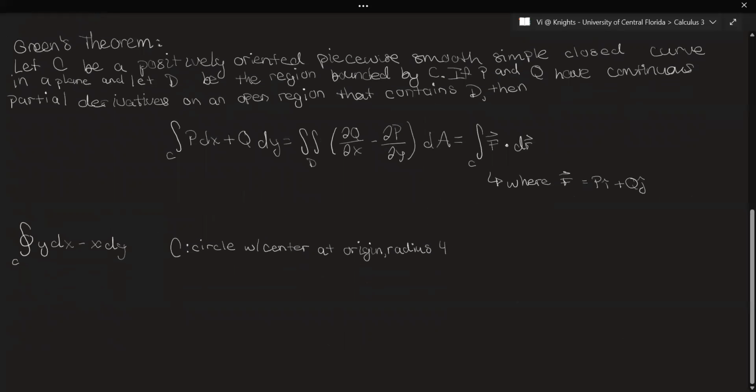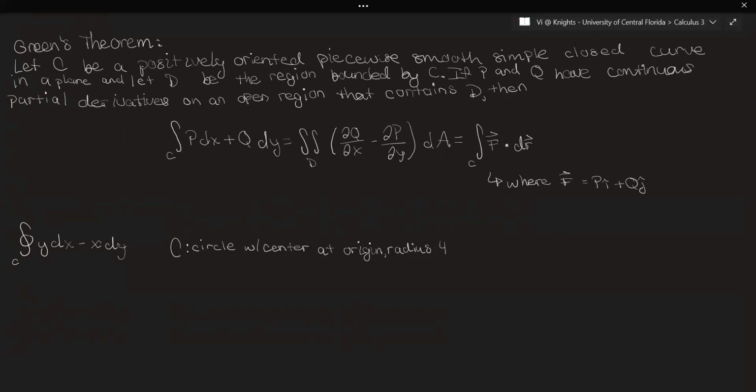Green's theorem states that let C be a positively oriented piecewise smooth closed curve in a plane, and let D be the region bounded by C. If P and Q have continuous partial derivatives on an open region that contains D, then our integral of P dx plus Q dy is the same as our double integral over D of the partial of Q with respect to x minus the partial of P with respect to y dA, which is also the same as our integral of the vector F dot dr, where F is P i plus Q j.